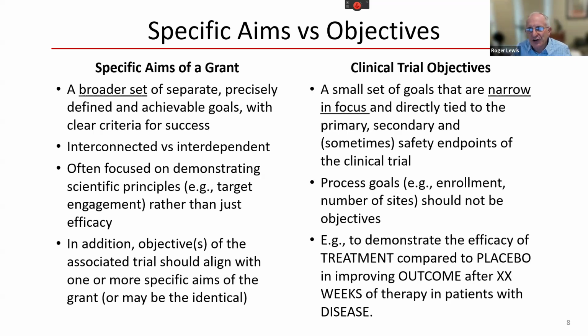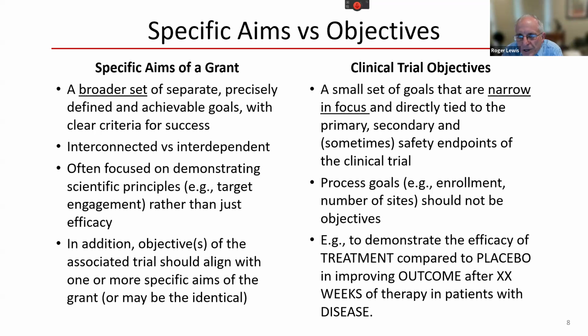But in contrast, in general, the clinical trial objectives are a small set of goals that are narrow in focus and directly tied to the primary, secondary, and sometimes safety endpoints of a clinical trial. So if your primary endpoint is the modified Rankin scale at 90 days, then your primary objective is going to be to demonstrate an improvement in the distribution of the modified Rankin score at 90 days with treatment X.